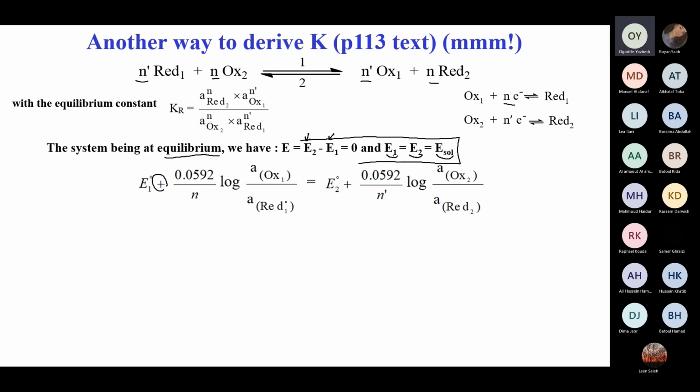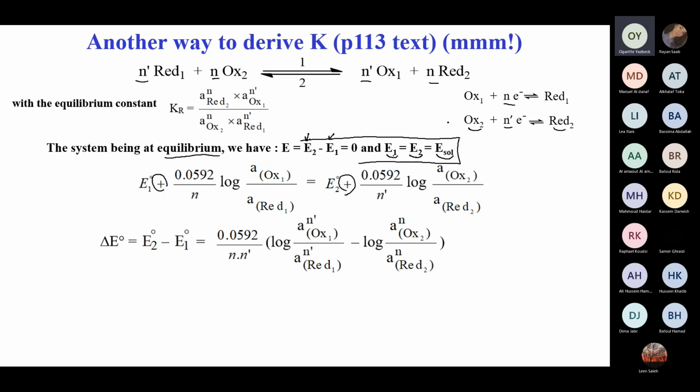In the second one, E2 naught plus 0.0592 over N prime, the number of electrons transferred for the second half reaction, in the reduction form. Again, these are reduction potentials. And log, again, ox over red because it's positive. So for these two, the two reduction potentials are equal to each other. Thus, we've reached equilibrium.